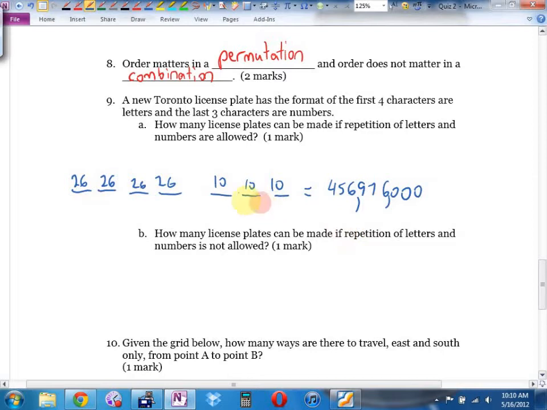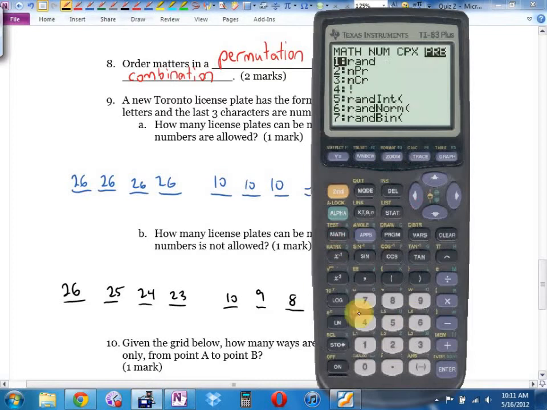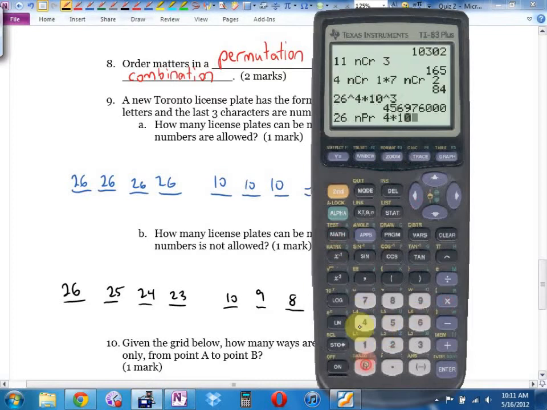What if we can't repeat? Well, it's going to be fairly similar, but now it's still 4 blanks and 3 blanks, but it's going to be 26, 25, 24, 23, 10, 9, 8. Or you could have gone from 26 permutate 4 and from 10 permutate 3, not choose. 26 P4 times 10 P3.